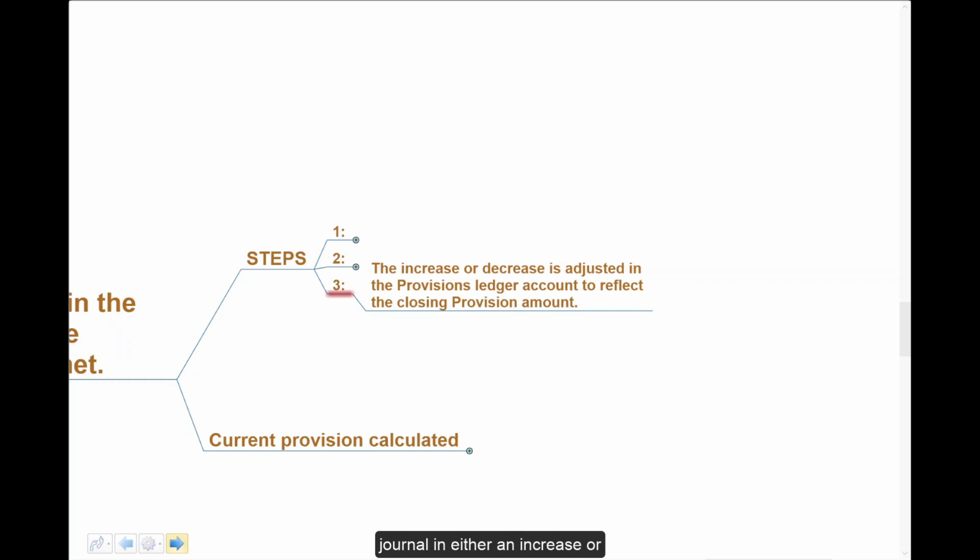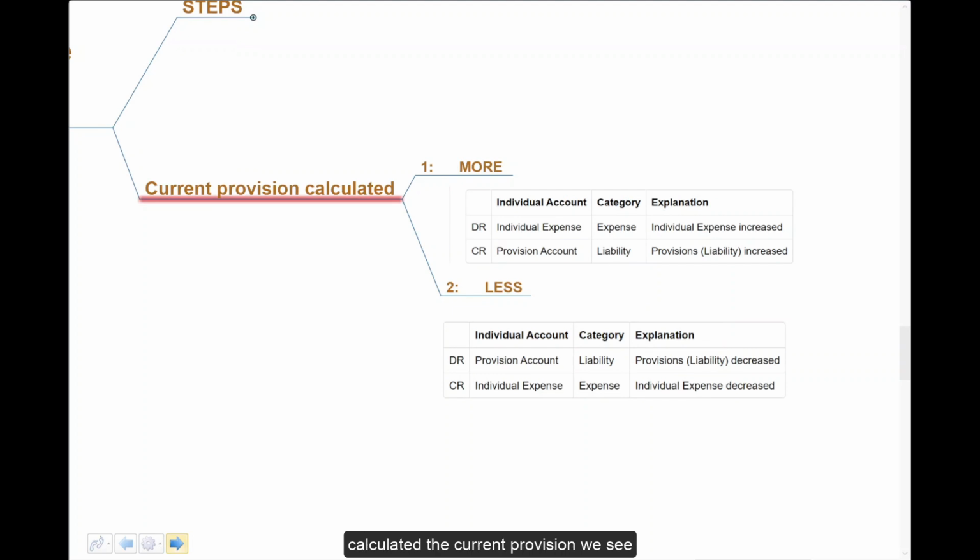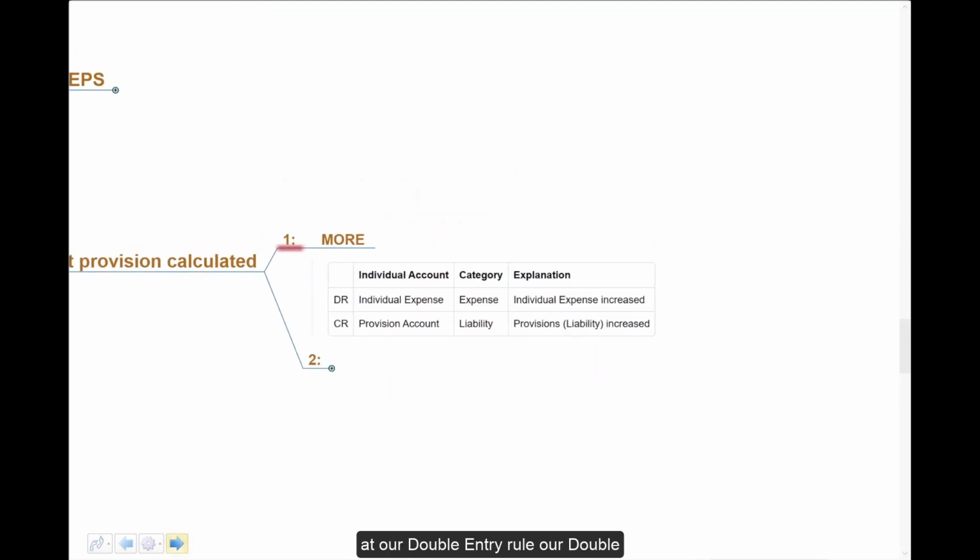So we journal in either an increase or a decrease, really as follows. We've calculated the current provision. We see, let's say, scenario 1, that the current closing provision is more than it was at the beginning of the year. What do we do? Well, let's think back to our double entry rule.